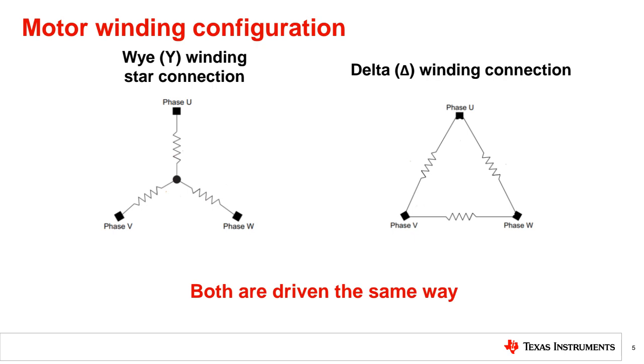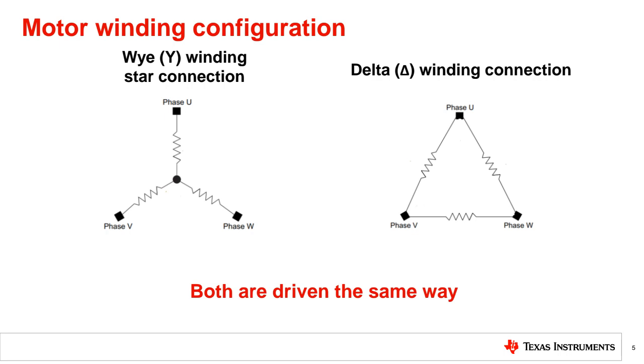Actually, you know this approach from your electromechanical energy conversion course. A Y or star connection is the most common winding construction. An important thing to keep in mind is that regardless of winding, both motors are driving in the same way. The Y winding typically is more efficient.